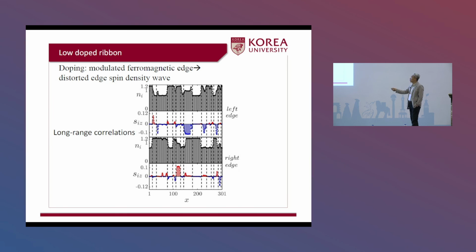If you have modulations in the left edge, you have also modulations in the right edge. And these two edges are separated, and so they must be long-range correlated. Of course, you have to have long-range correlations in a topologically ordered system. This just confirms that.